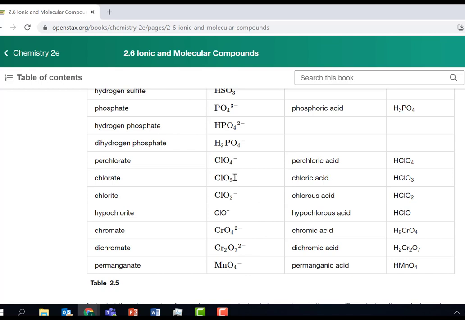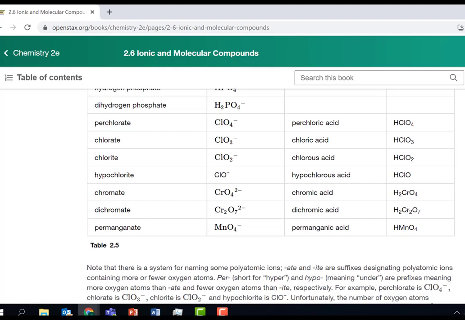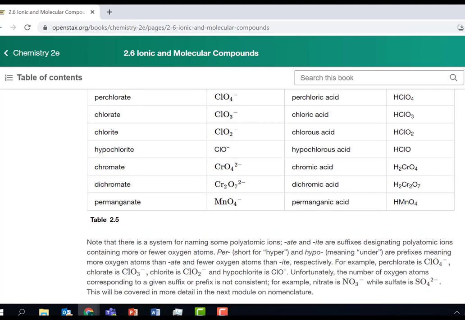Chlorate is a -1 charge, phosphate is a -3. But what they mean is the one that ends with ATE is the most common. So chlorate is more common than chlorite. The difference is then the number of oxygens. If you remember the one that ends with ATE, the one that ends in ITE is just a little bit different. So ATE is 3 oxygens, -1 charge.